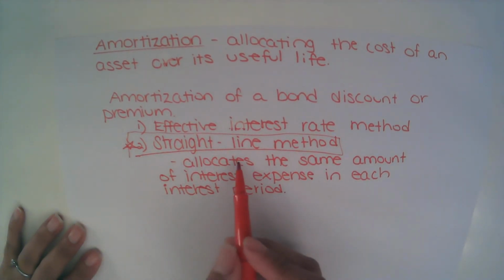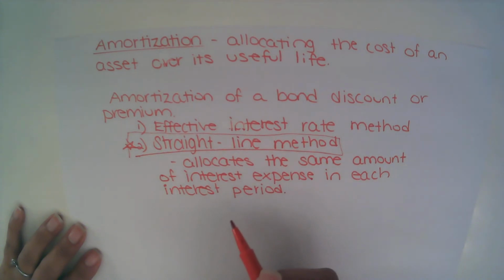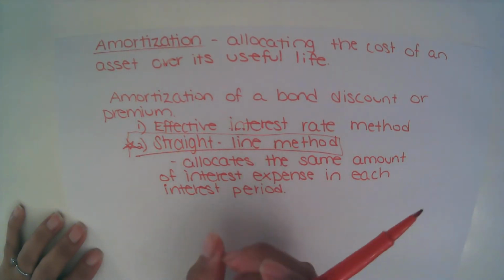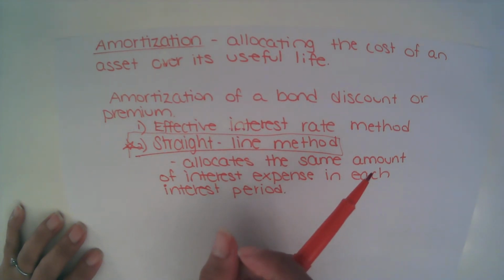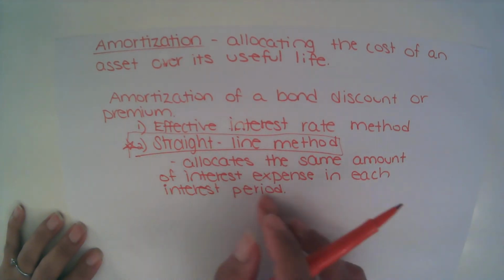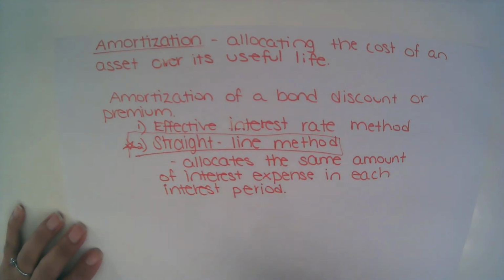Okay, and that's the definition for the straight line method of amortization. It's going to allocate the same amount of interest expense in each interest period. The effective interest rate method would actually be a different amount of interest expense in each period. But as we know, straight line, if we were to plot it, it's constant. It's the same amount each period.